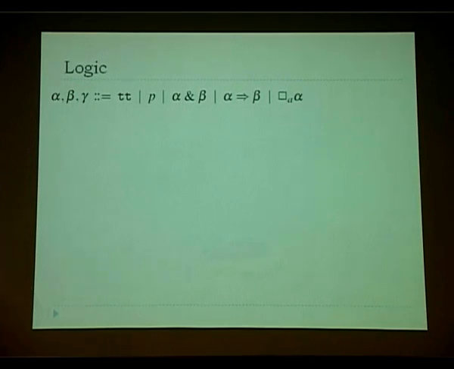So this is going to be a propositional logic, with just the function space, that is implication, and the conjunction and the modality. Towards the end of the talk, I'll comment a little bit about enriching the formulas permitted. And the rest is quite standard.